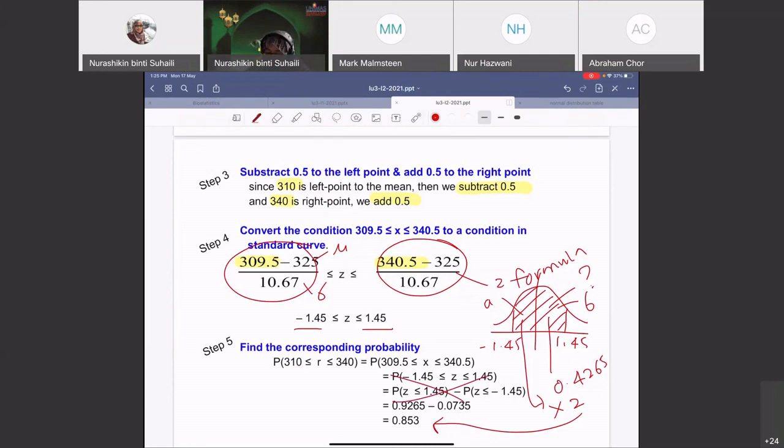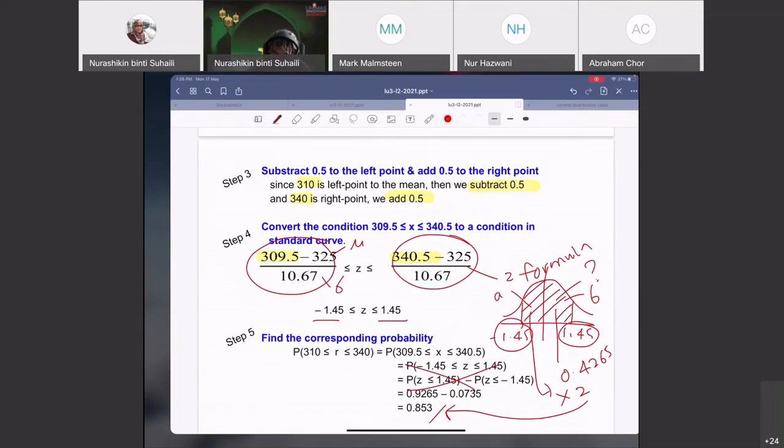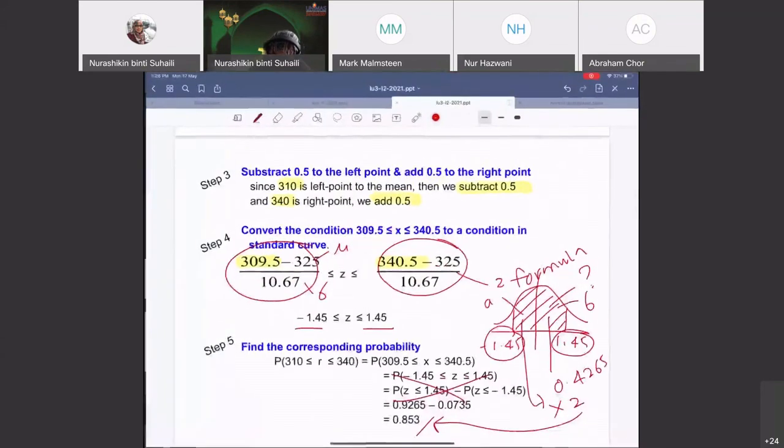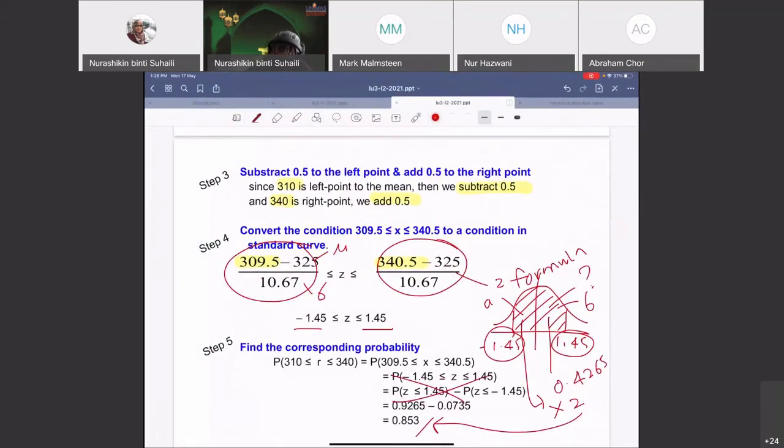It's more straightforward if you just find from the right side and then multiply by 2, because this one is the same value. So that is the probability that you are looking for. See, it is less than 1, so it's valid.